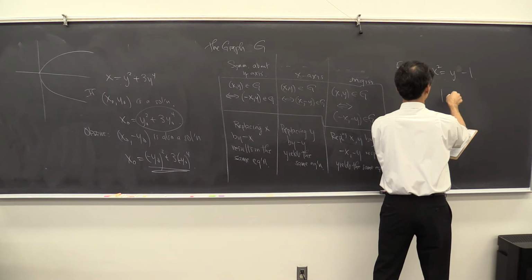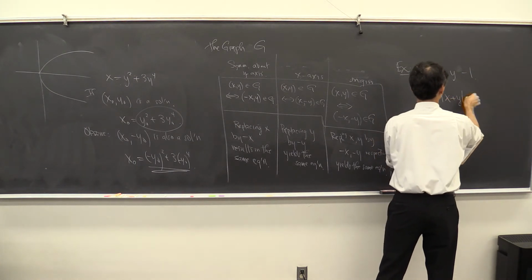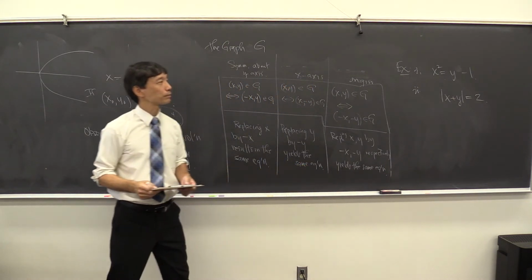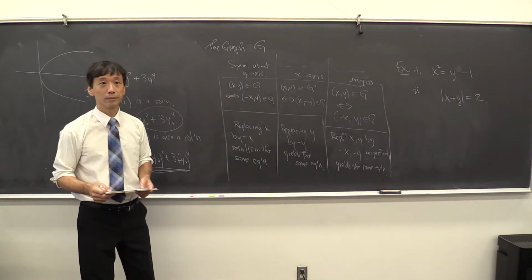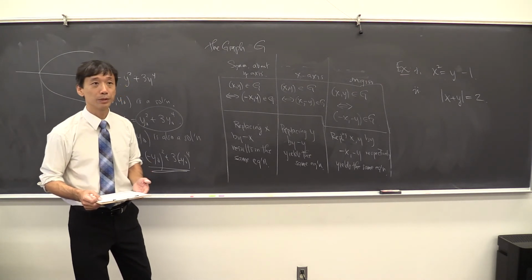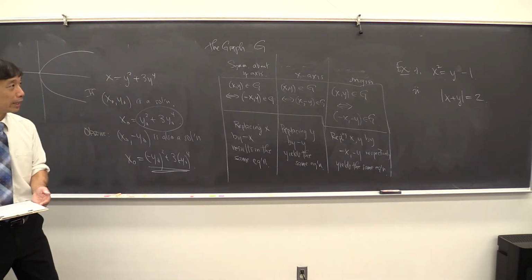Here's one. Take 30 seconds and think about it. Here's an equation: the absolute value of x plus y equals 2. What kind of symmetry does that have?